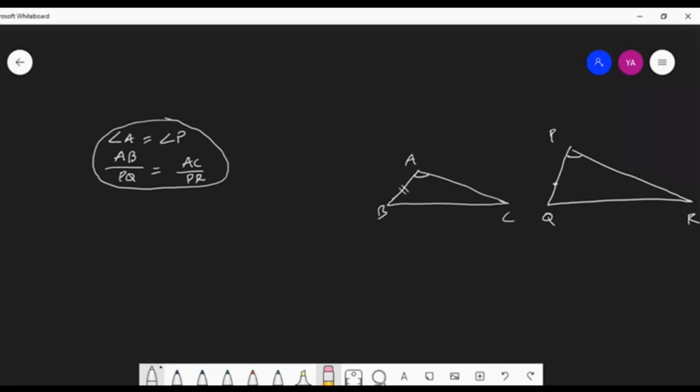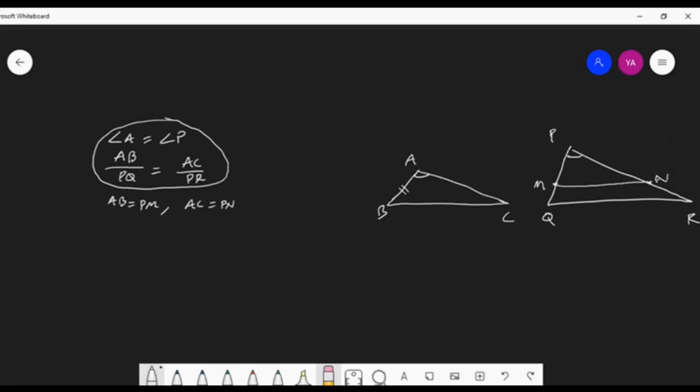Let this point be M and this point be N, as we have done for the previous proofs, such that length AB is equal to PM and length AC is equal to PN. In such a way, you choose two points M and N on sides PQ and PR of the second triangle.